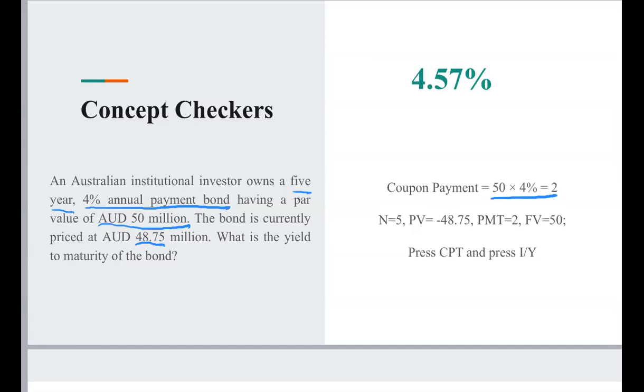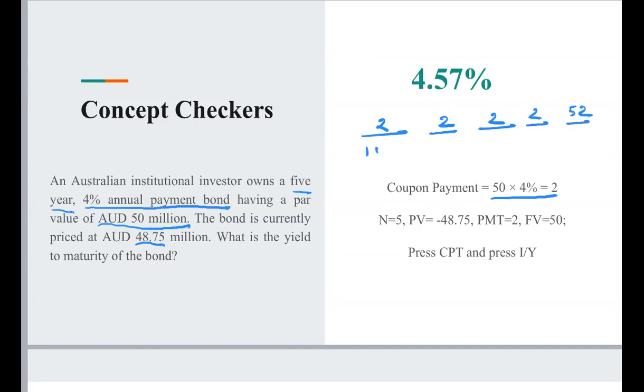So this bond has a maturity of 5 years. The investor is expected to get a coupon payment of 2 every year for the next 5 years. In the final year, the investor will get 52.